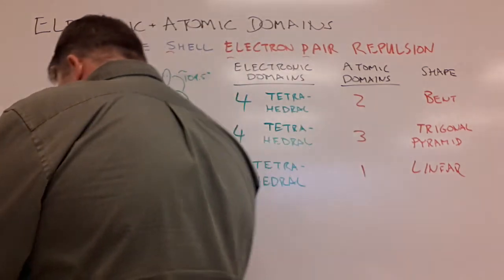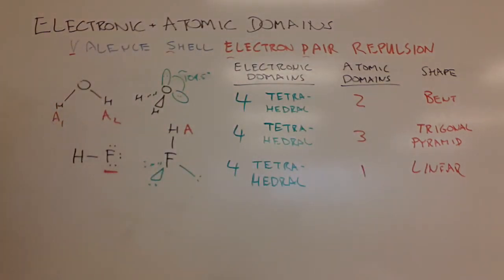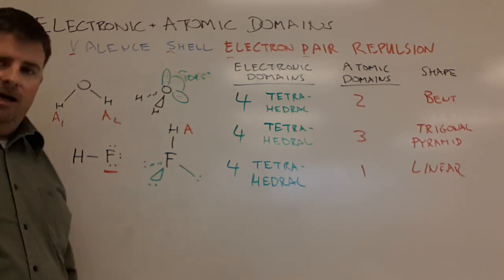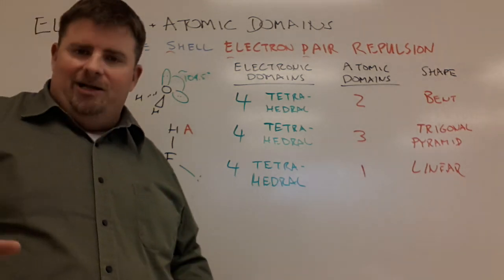Although my tetrahedral shape in the electronic domain does have an implication of the shape around fluorine as far as repulsion goes. Okay? So those are the basic second row elements. What happens when things get kind of crazy? We get into weird metals and hypervalent structures. Let's look at the next video and do that.